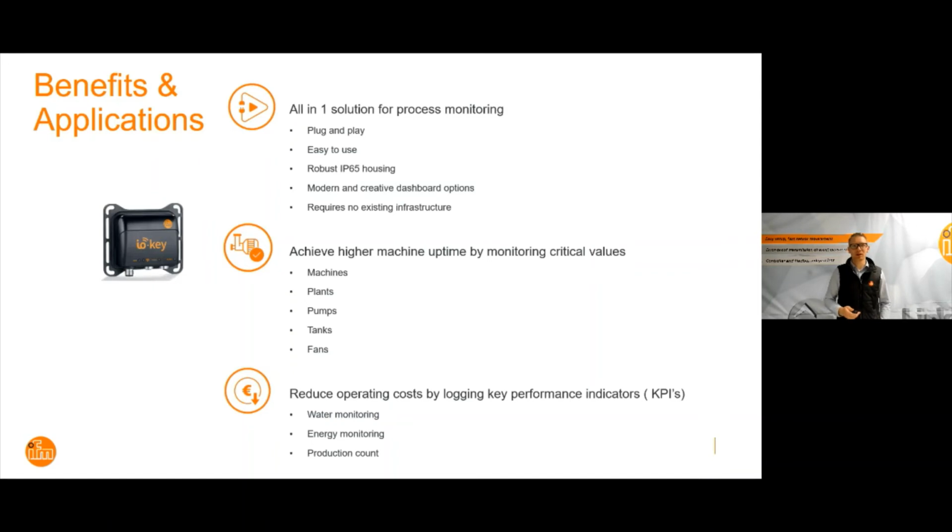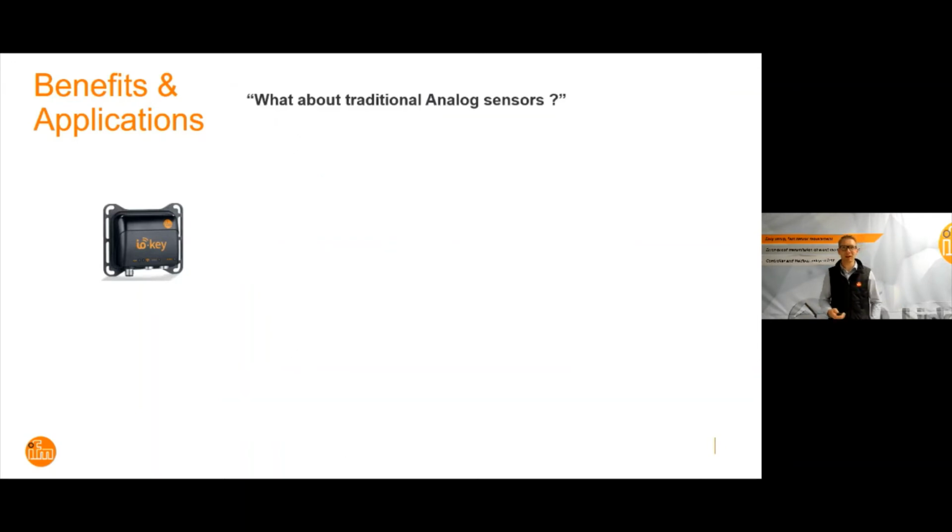You can really use this device anywhere, and it can assist you with logging key performance indicators, reducing operating costs and achieving high machine uptime. So the applications are all there, the Ioke can do it. These are some simple basic benefits. Obviously, there are many more that we can list, but I'm not going to spend too much time on that.